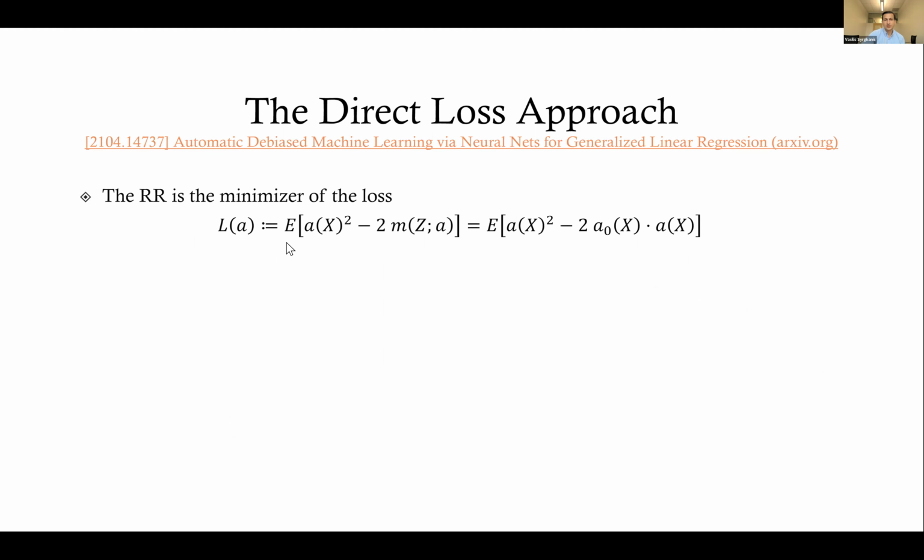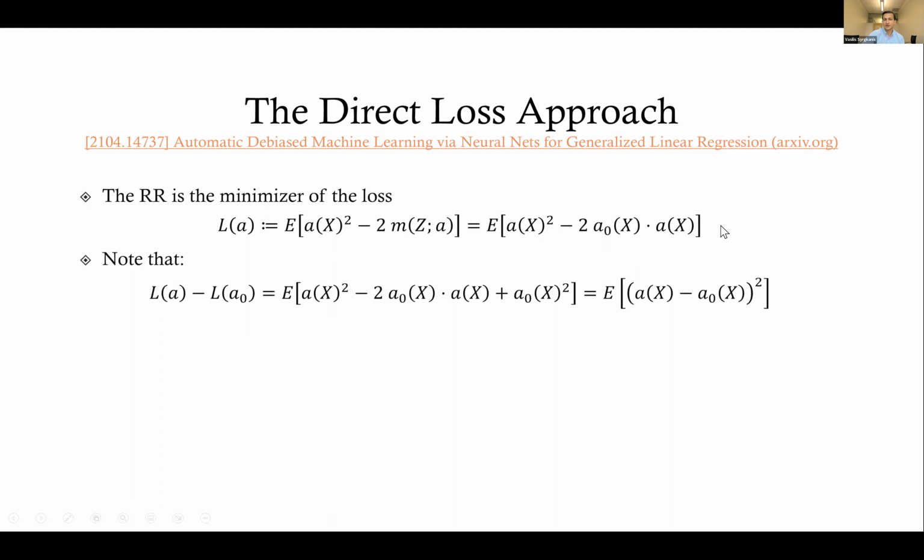That loss looks like the expected A of x squared minus 2 times the moment evaluated at A. By the Riesz representer theorem, we know that the second quantity over here, the expected moment evaluated at A, is going to be equal to the true Riesz representer A naught multiplied by A. And so you can easily complete the square.